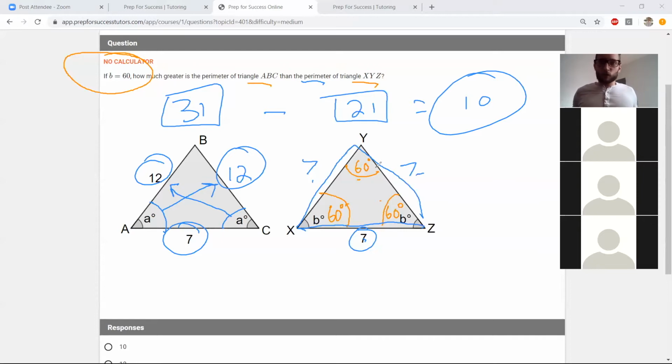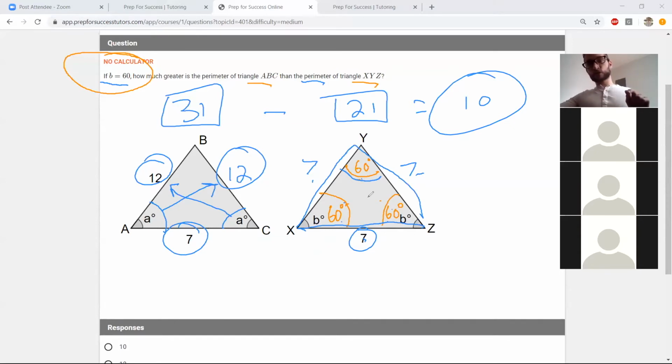Any questions or concerns? How do we know that triangle XYZ is equilateral? Well, they told me B was 60. So this was 60 and this was 60. And I know a triangle has to be 180. So that forces this third angle to also be 60 because 60 plus 60 is 120 and 120 plus 60 is also 180. So it forces all the angles to be 60.